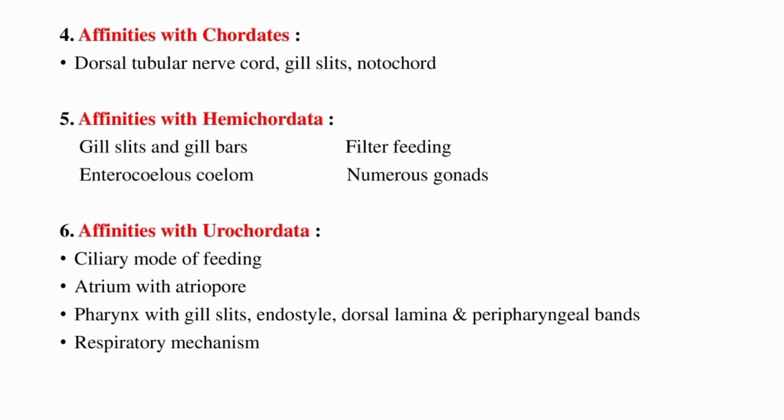Affinities with Hemichordata: gill slits and gill bars, filter feeding, enterocoelous coelom, numerous gonads. Next one, affinities with Urochordata: ciliary mode of feeding, atrium with atriopore, pharynx with gill slits, endostyle, dorsal lamina and peripharyngeal bands, respiratory mechanism.